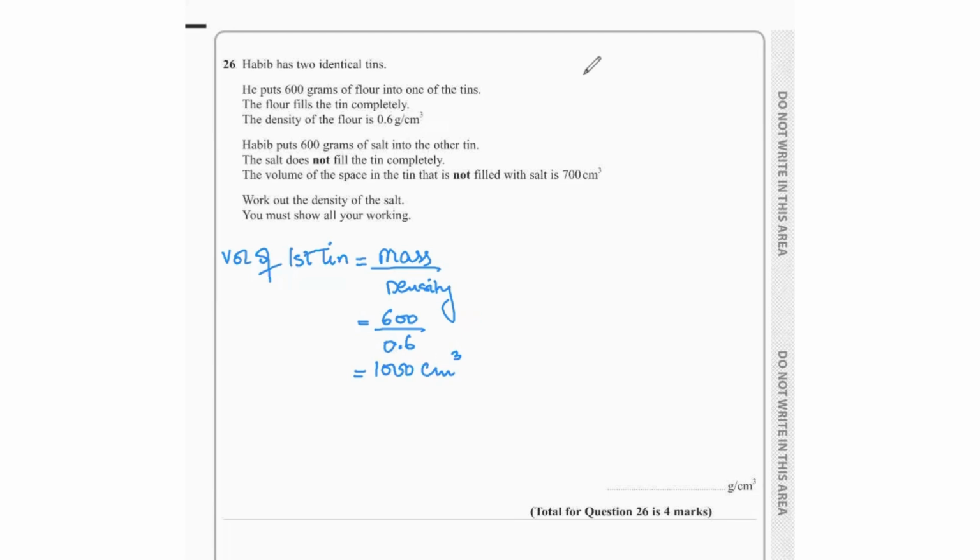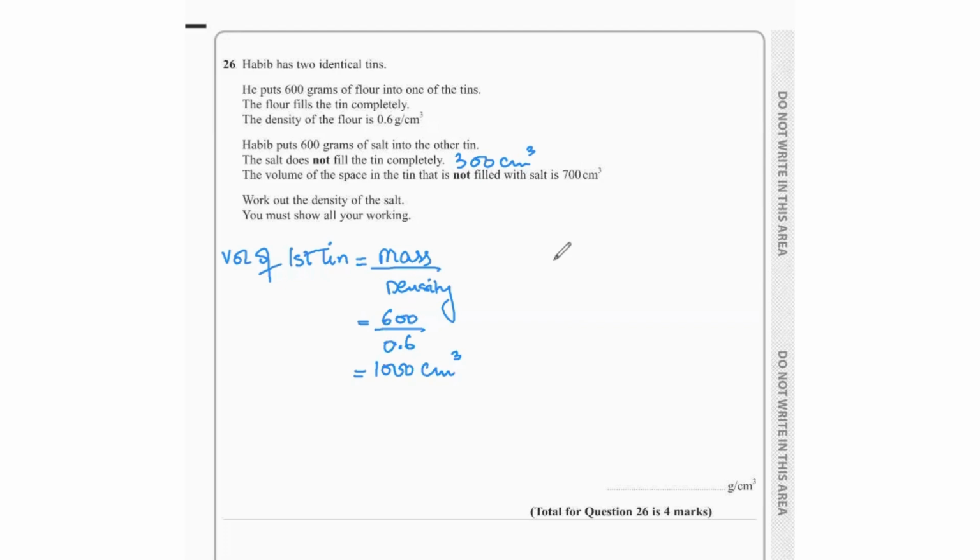And it says that he put 600 grams of salt in the other tin. The salt does not completely fill the tin, and the volume of the space in the tin that is not filled is 700 centimeter cube, which means the one that's filled, that's 300 centimeter cube. We have to figure out the density of the salt.